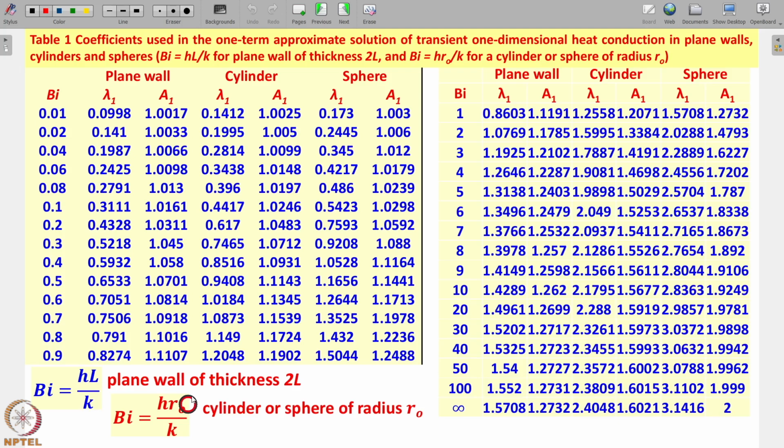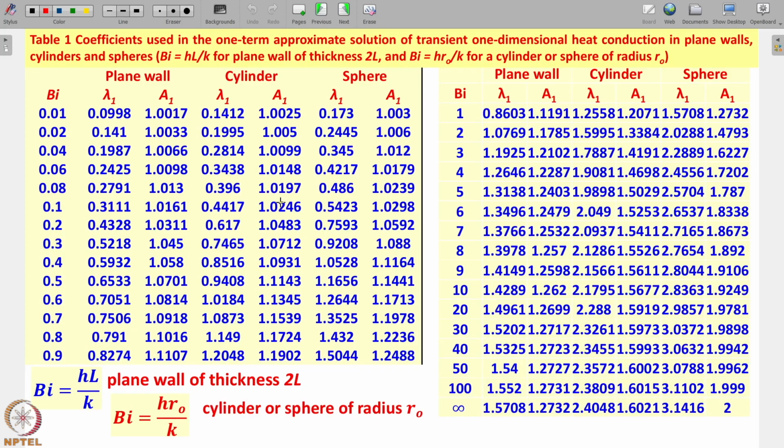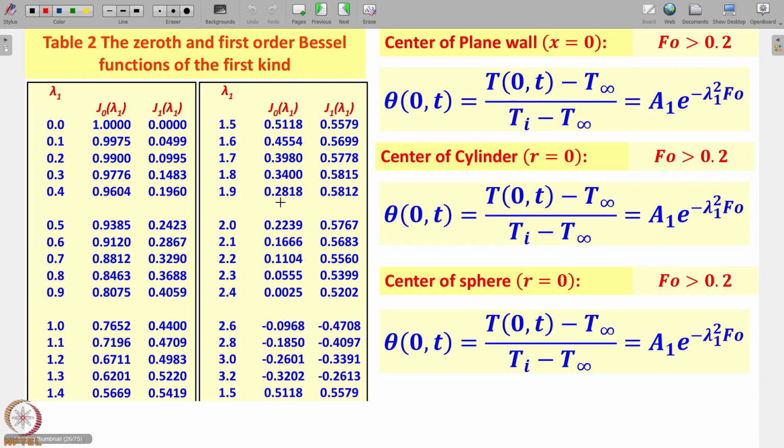You are not supposed to take volume by surface area when you do this for plane wall, cylinder or sphere, for spatial variations in time. And the one-term approximation is valid for Fourier numbers greater than 0.2, and at the center, it is only going to vary exponentially for all the cases.